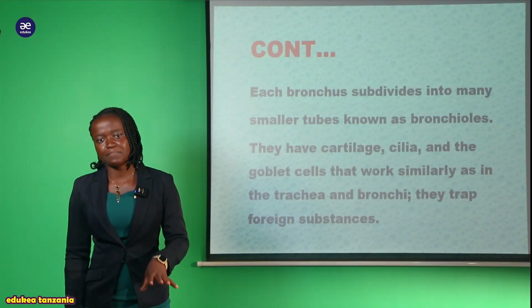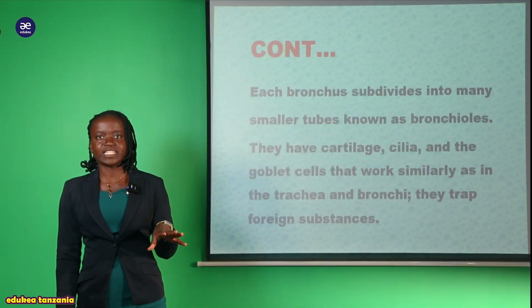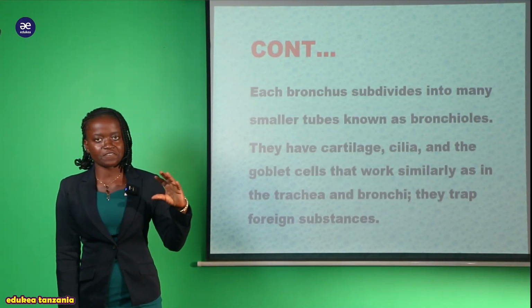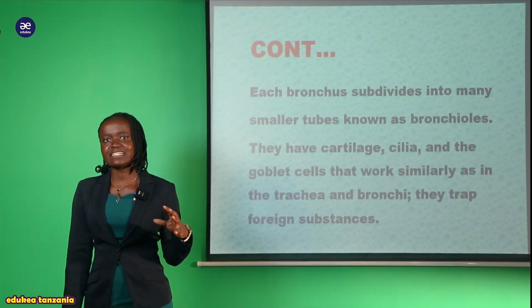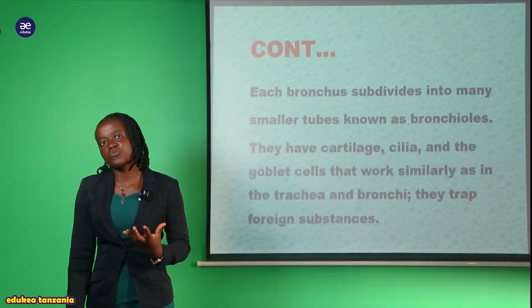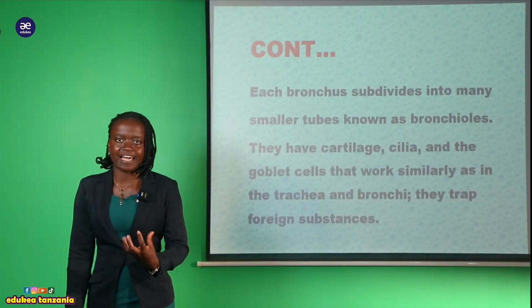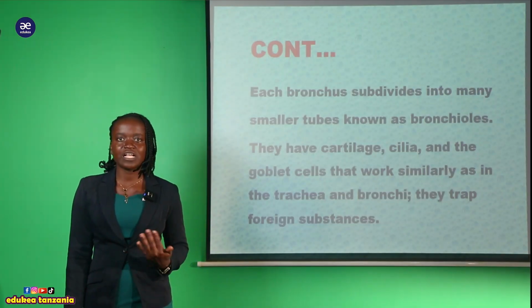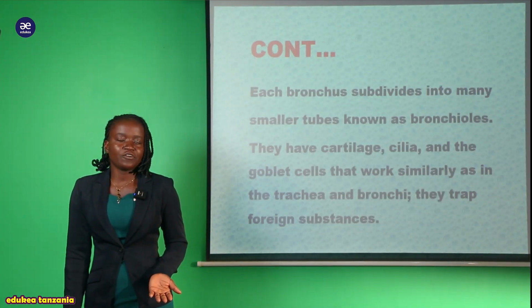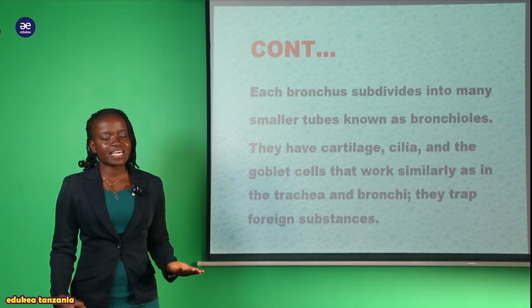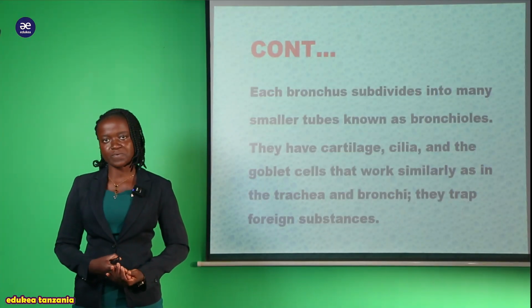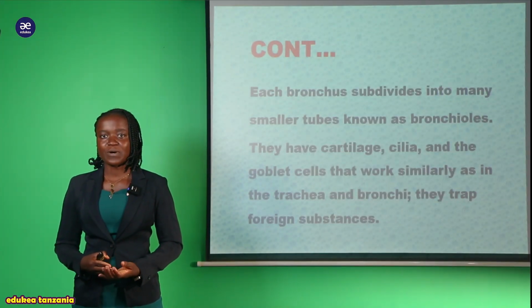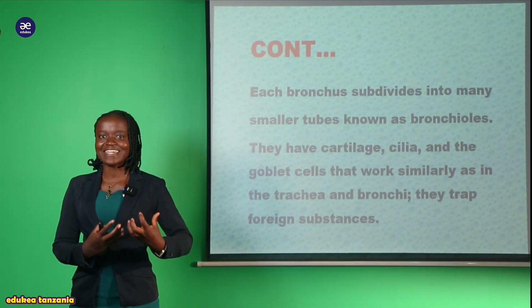The purpose of branching of these parts of the lungs is filtration, in order for clean air to enter the alveoli. Kwa sababu within the alveoli we don't need any kind of dust. So as the air is passing through those branches ndipo ambapo inaendelea kuchujwa zaidi.